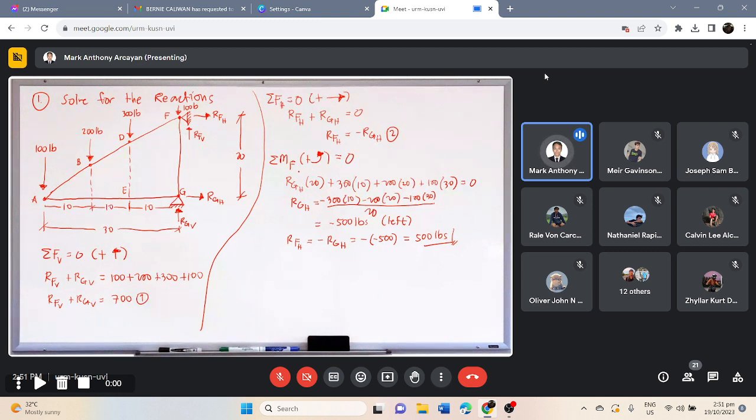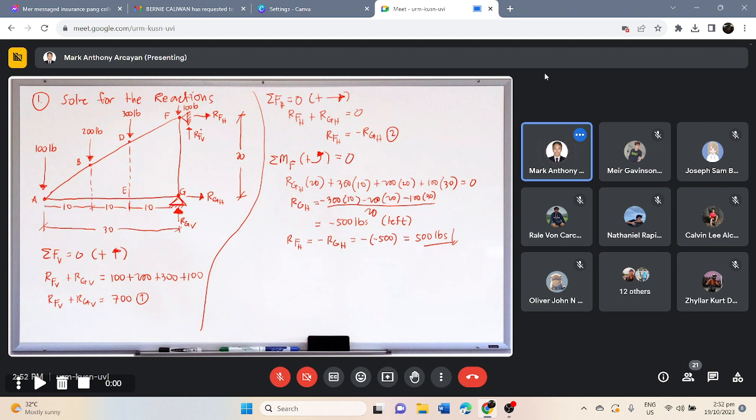Now, wherever you perform the summation of moments, say at point G, we still won't generate an equation containing RFV or RGV. So what do we do? We have completed all the equilibrium equations. In terms of the vertical forces, the major support is pin G and not pin F, since G carries all the downward forces.